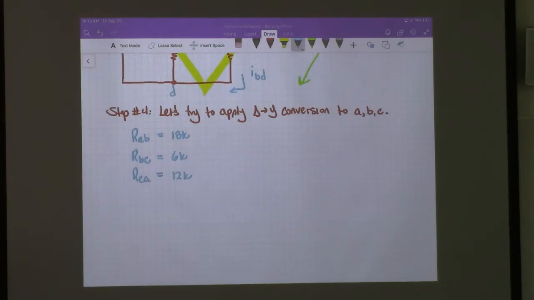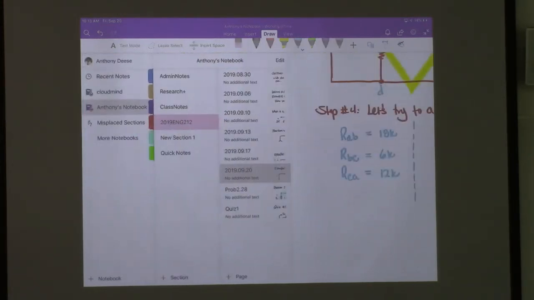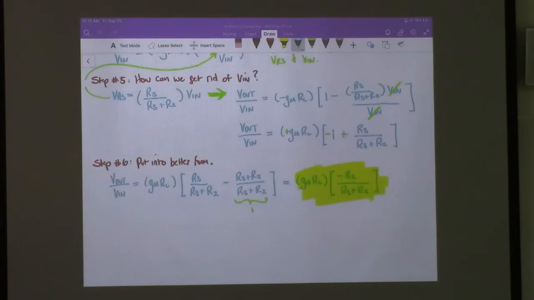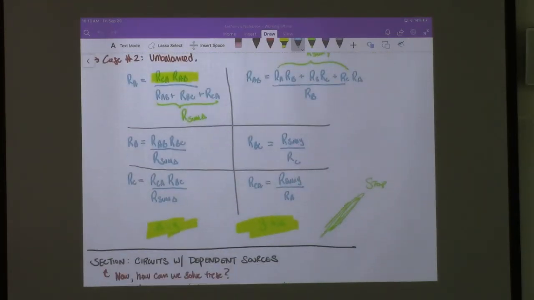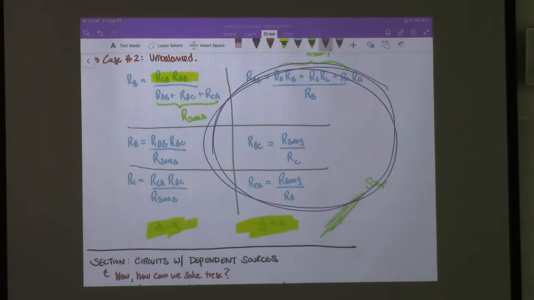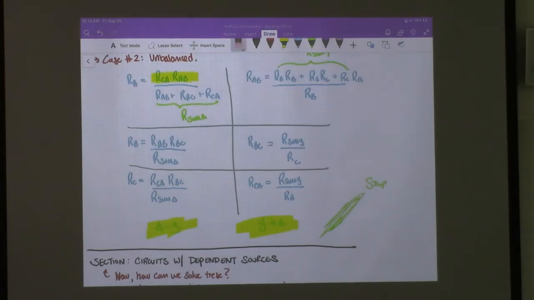All right, then let's go back and find our conversions. So we are looking at a delta to y conversion, which means we are using that. So the first thing, no, we're on the other side, sorry. We're here, on this side.